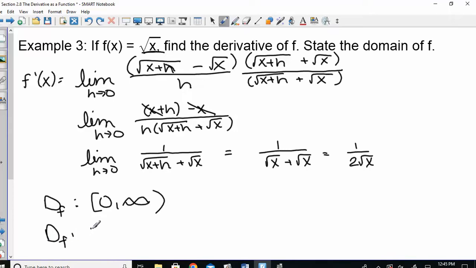What is the domain of the derivative? We still have a square root, right? So we can still only have positives. Can you plug 0 in? We can do the square root of 0, but can we do 1 divided by the square root of 0? No. So the domain of the derivative here, you can't have 0 in it.